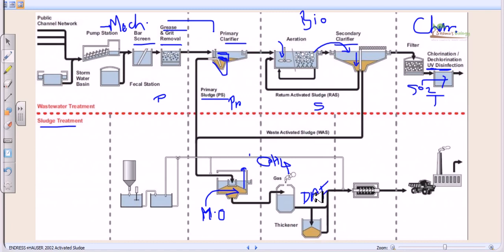Now right after this sludge thickening, we have to dry the sludge. Why? Because after this step, what we end up with is a pretty thick sludge which has almost most of the sludge components, but it still contains a moderate amount of water.